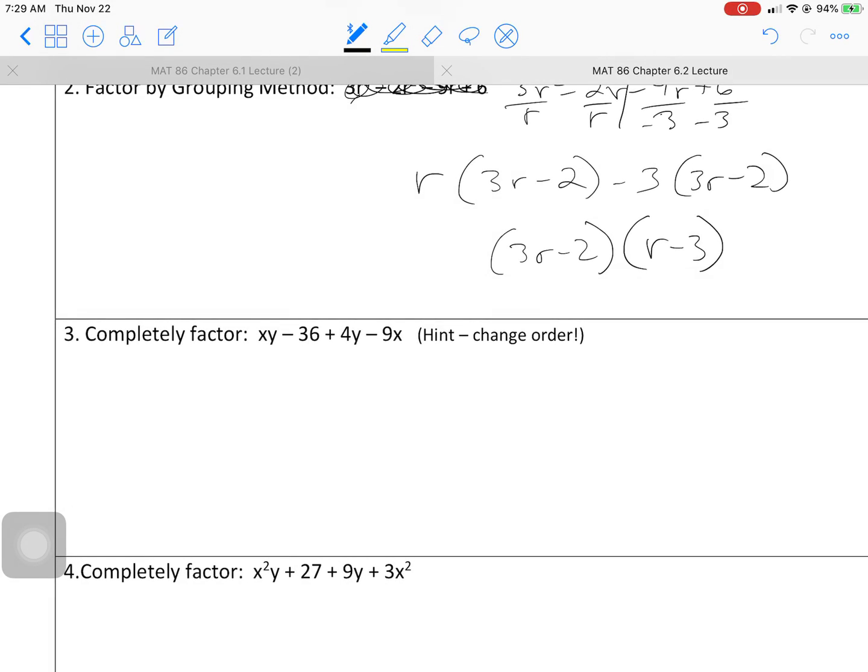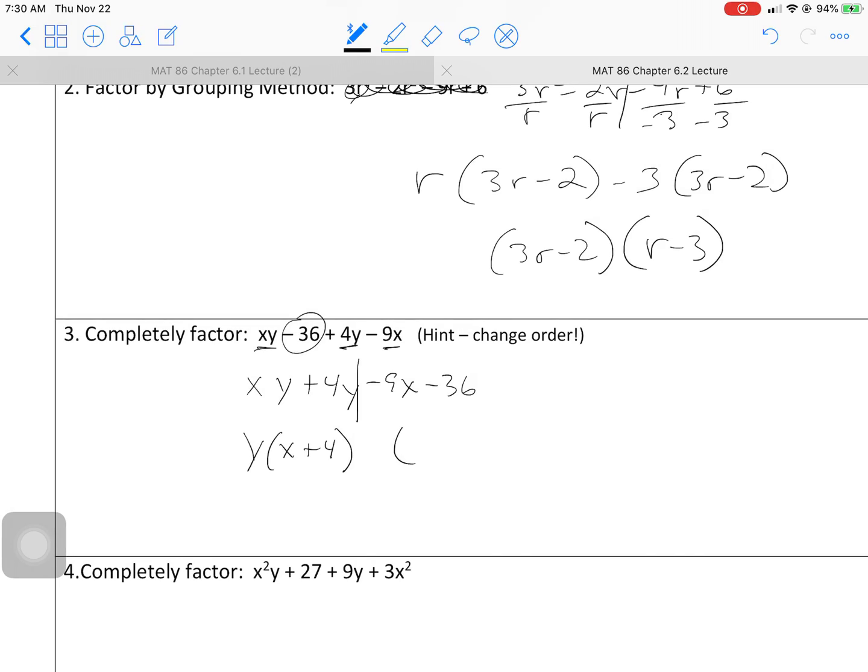All right, and then the change-the-order one. Now, how I do that is I notice there are some y's and there are some x's. So I'm not really sure where to put this, so I'm going to put that at the end. And I could just move the y over, and let's try that. Divide it here, take the y out.